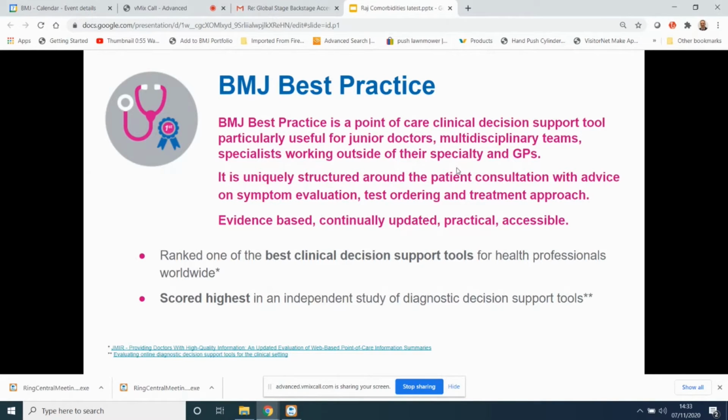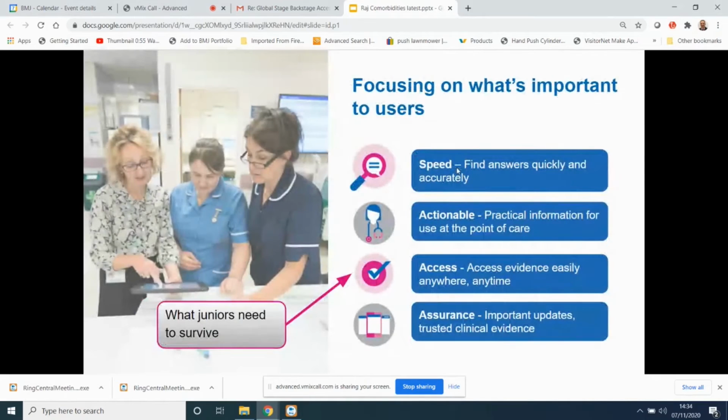And it's a resource that's evidence-based, continually updated, practical, and accessible. And it's a knowledge resource that's designed to answer your clinical questions. But you don't just get any answer, you'll get an answer that's focused on what's important to you.